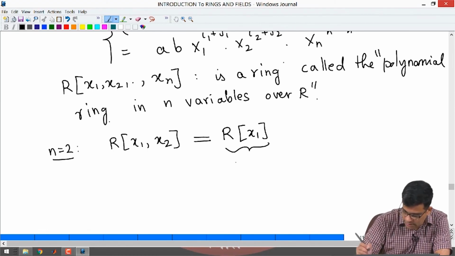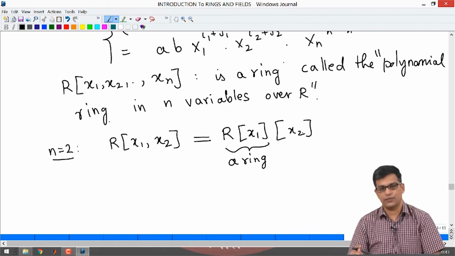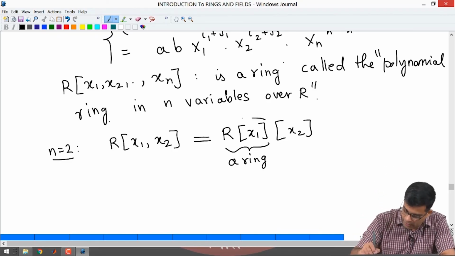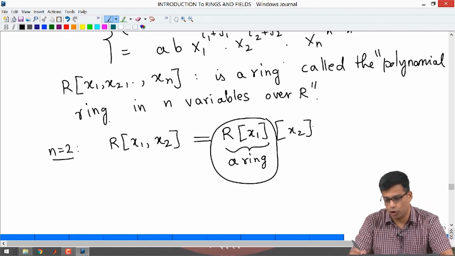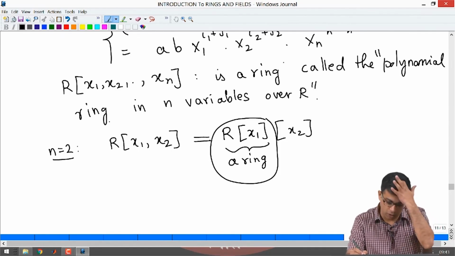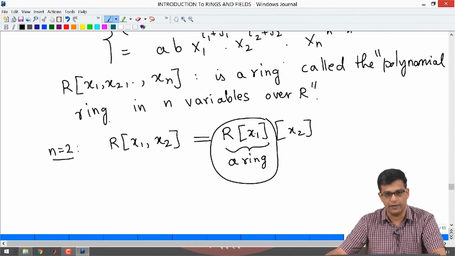This is a ring, which we discussed earlier, and then you do x2. Because we have talked about polynomial rings over any ring, I can take this ring and consider polynomials over it in one variable. The new variable I will call x2 because x1 is already used. There is no difference between these two things.